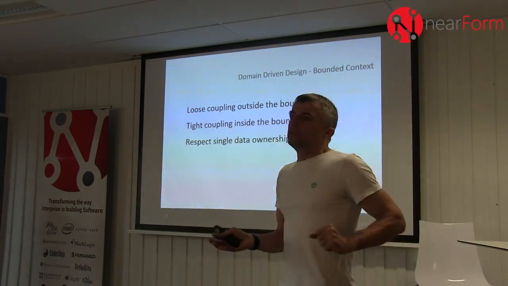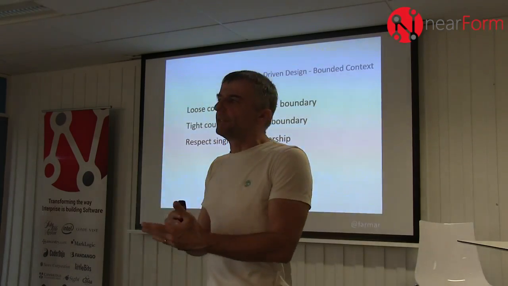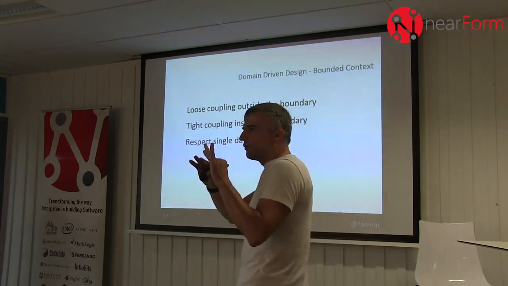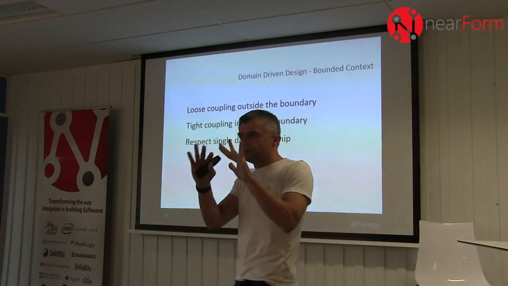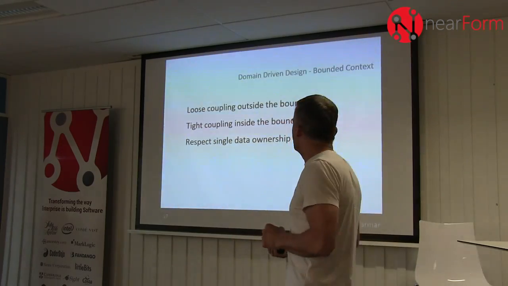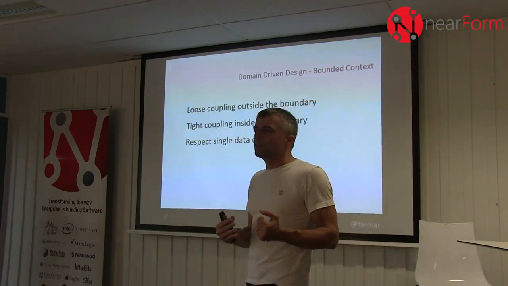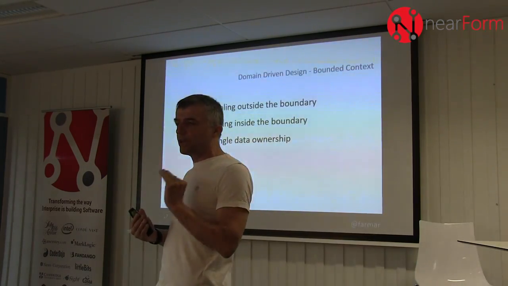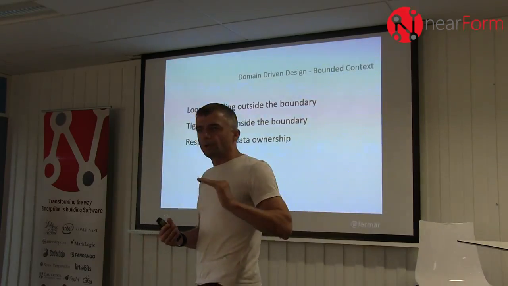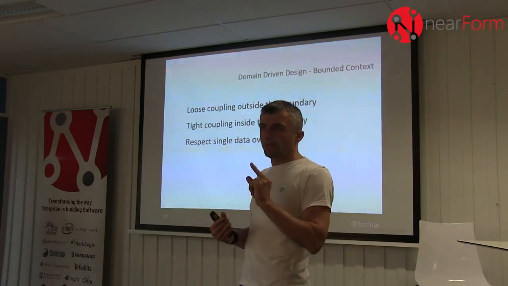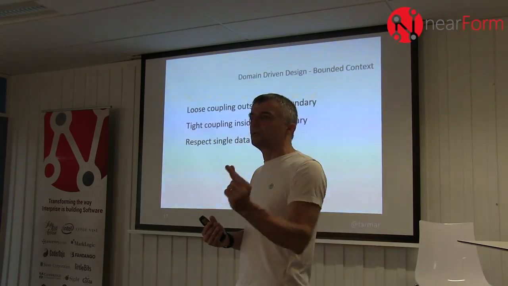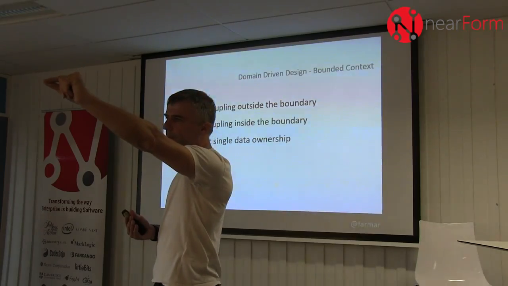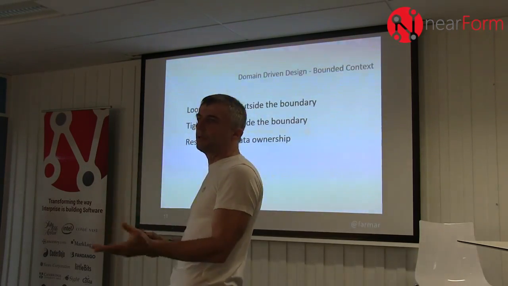So outside the boundary, you're going to have loose coupling, and I'm referring to messaging and stuff like that here. Outside the boundary of the service, or the group of bounded contexts, you're going to have loose coupling, which means you don't expect any kind of RPC, or state changing operations. We're not doing request-response, because that means you're trying to do something to someone else, and that breaks the whole idea of distributing stuff.